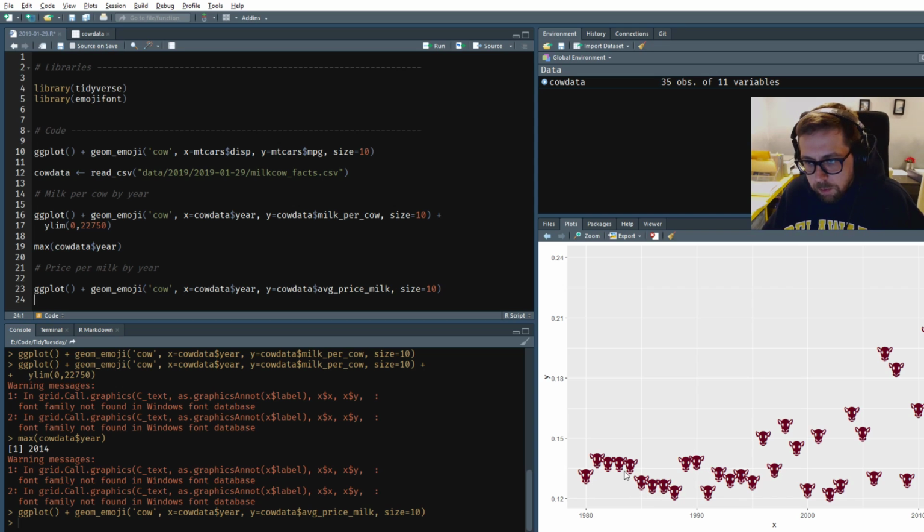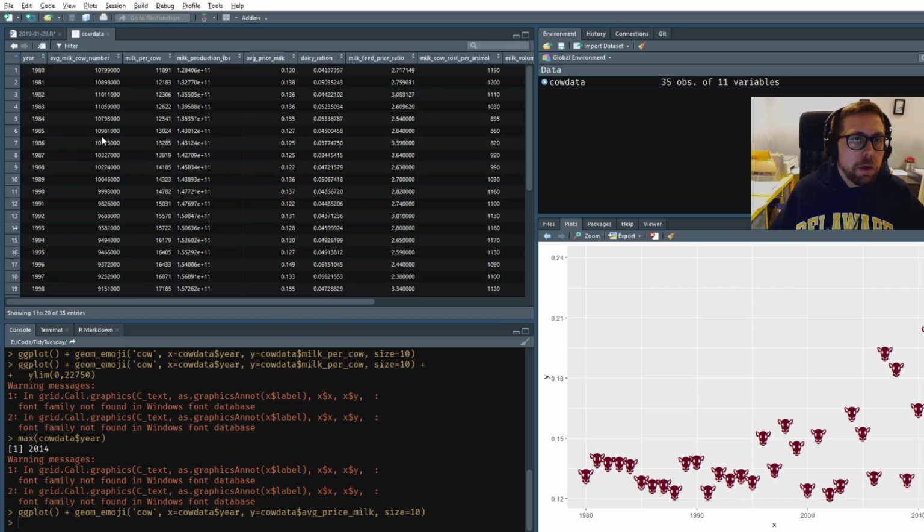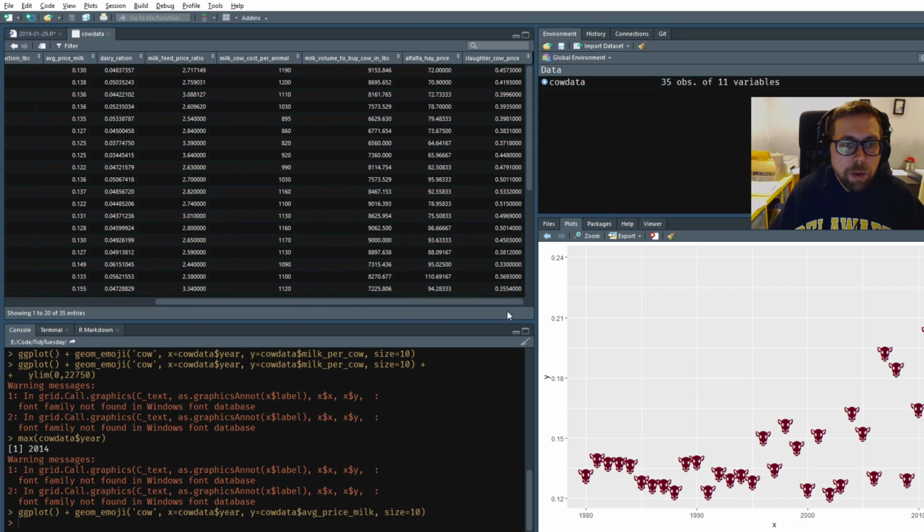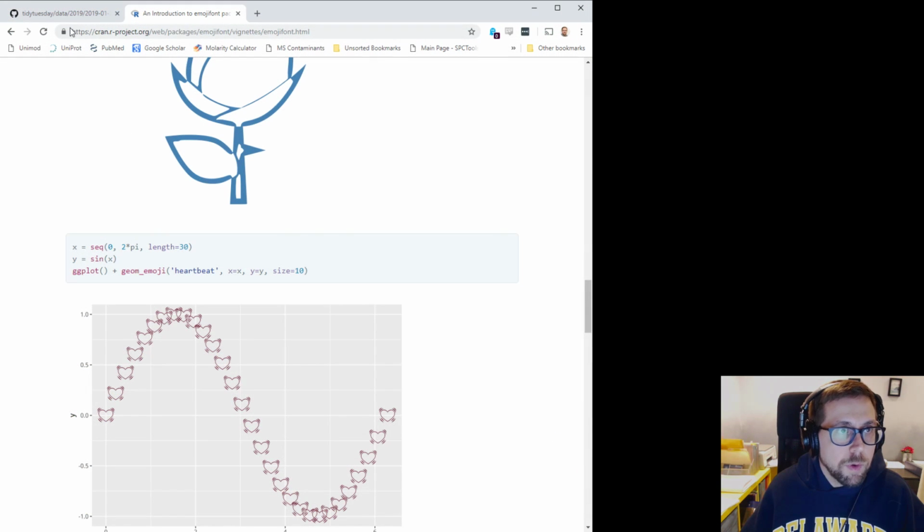Now we can see that the price looks to me to be pretty flat up until maybe about 2000, and then we see this big jump. I wonder what could account for that. So if we look at our data set, we have something like the milk feed price ratio, which I'm not sure what that is, but we can maybe look it up here. Let's pop back to the browser real quick and see if we can figure out what that milk feed price ratio is.